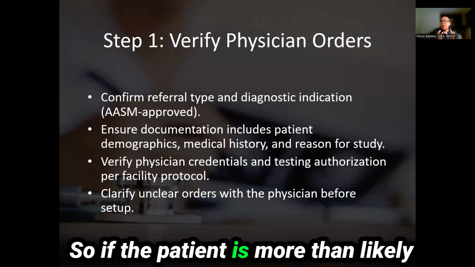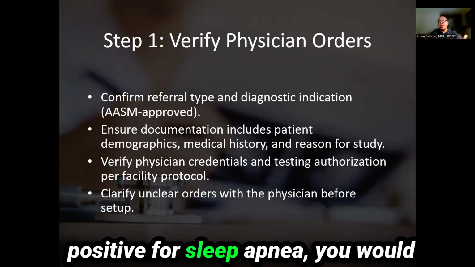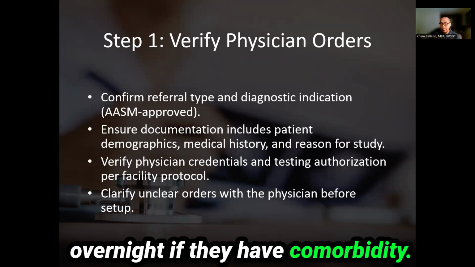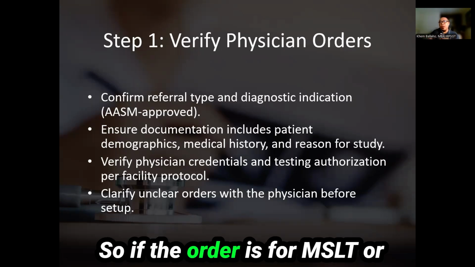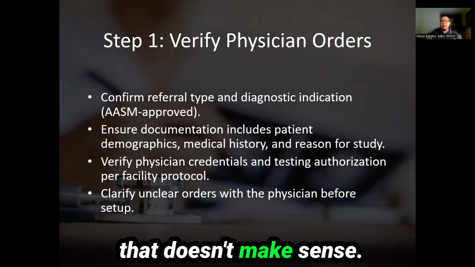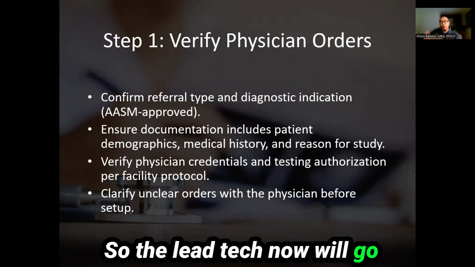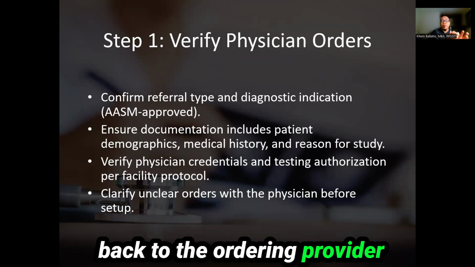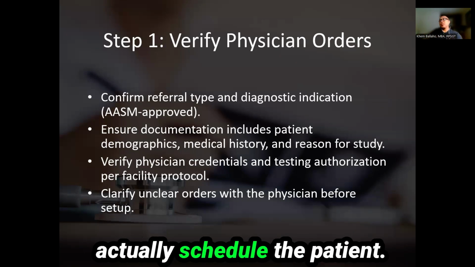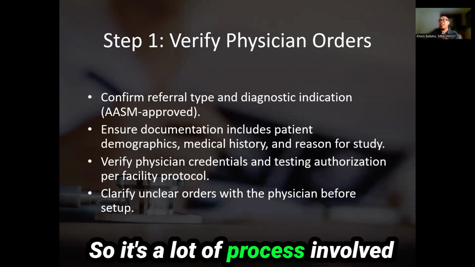So if the patient is more than likely positive for sleep apnea, you would want to do home sleep testing, or an overnight if they have comorbidity. So if the order is for MSLT, or multiple sleep latency test, that doesn't make sense. So the lead tech will go back to the ordering provider to clear the order before we actually schedule the patients. So it's a lot of process involved, right?